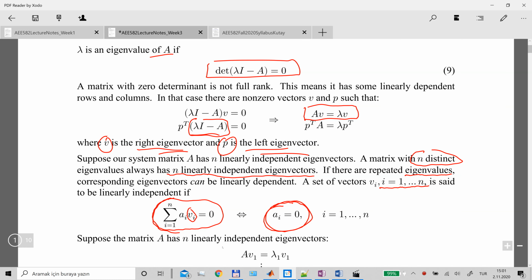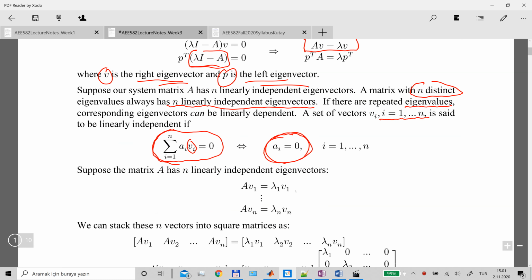Now, suppose that your matrix has n eigenvalues and n linearly independent eigenvectors. So you can write this equation n times. Okay, so now you have n such equations, and these are all vectors, right?